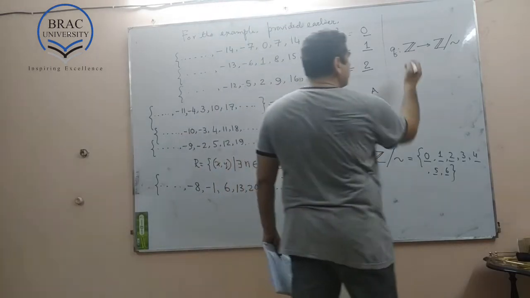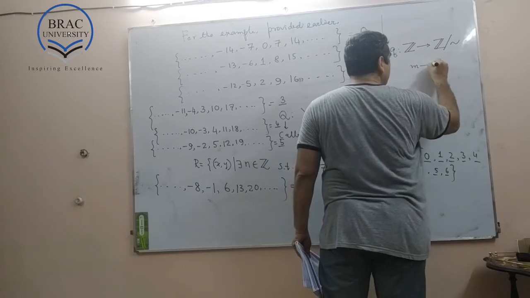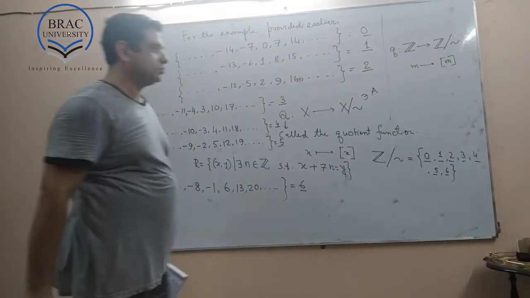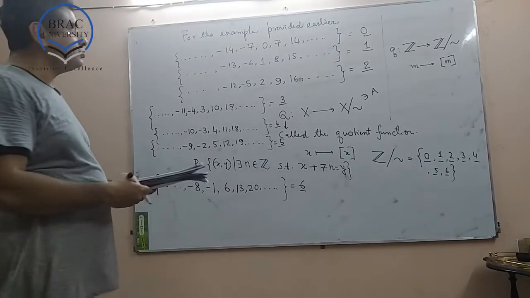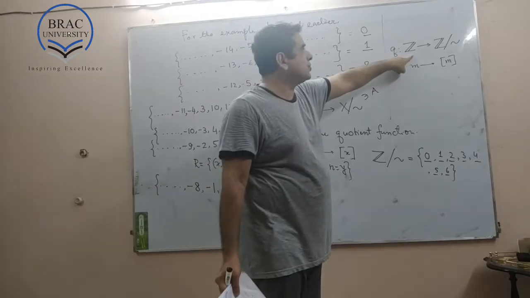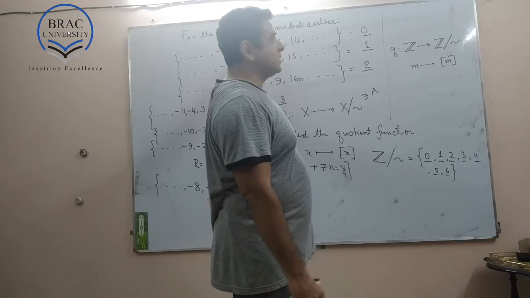So under this quotient map, an integer goes to the equivalence class that it belongs to. Minus 7 is an element from this set of integers, and it belongs to this equivalence class.